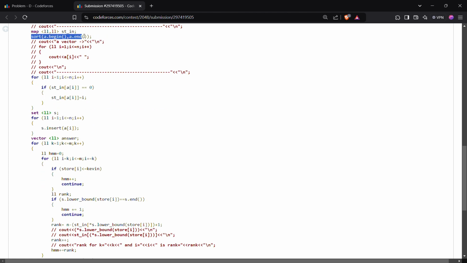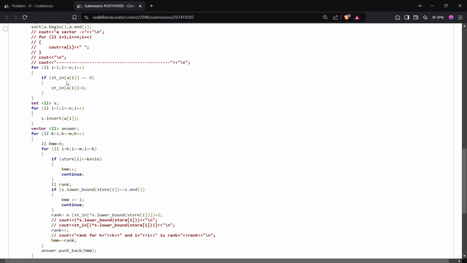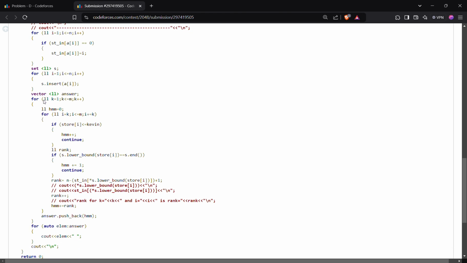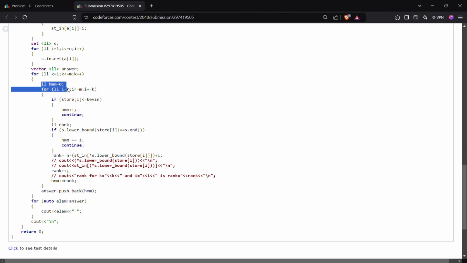So sorting the a vector and inserting all the values from the a vector, and finally here, for long long k equal to 1, k less than or equal to m, k plus plus. So we have to start from the kth index and go till less than or equal to m, and i plus equal to k.